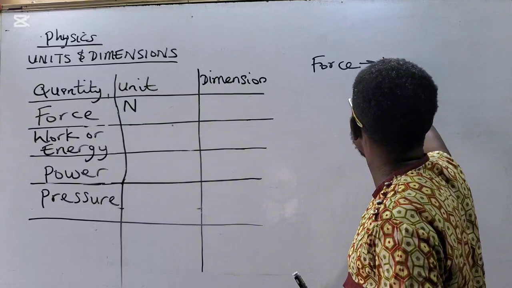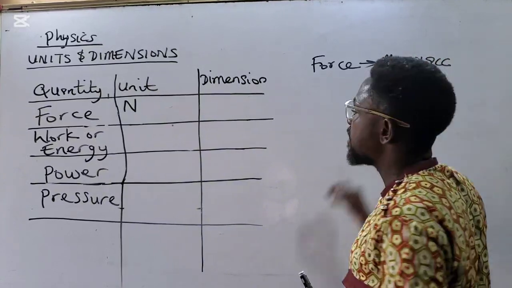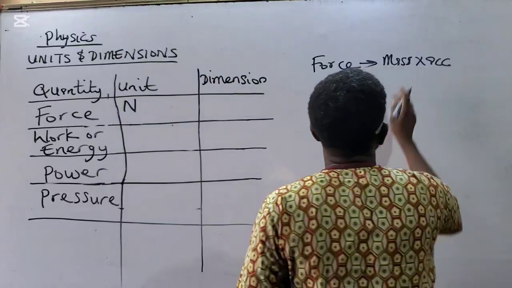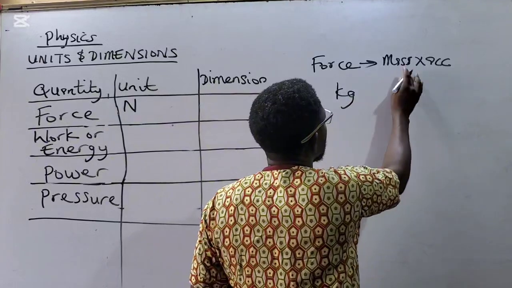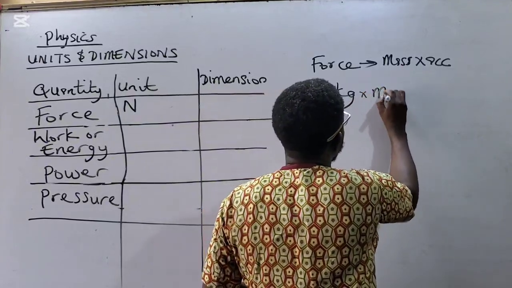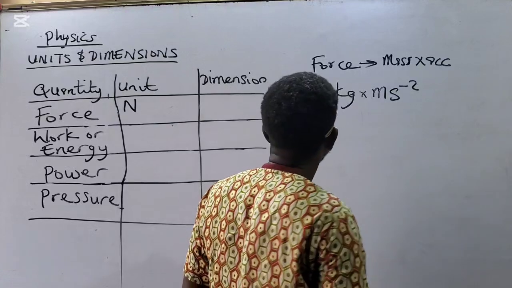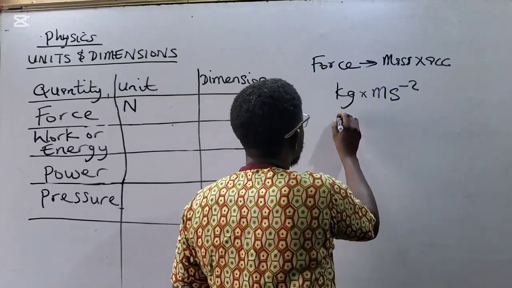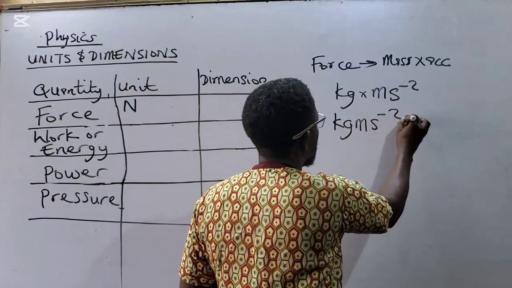Now force. Force is mass times acceleration. The unit of mass is kilogram. The unit of acceleration is meter per second square. That means the unit of force can as well be written as kilogram meter per second square.